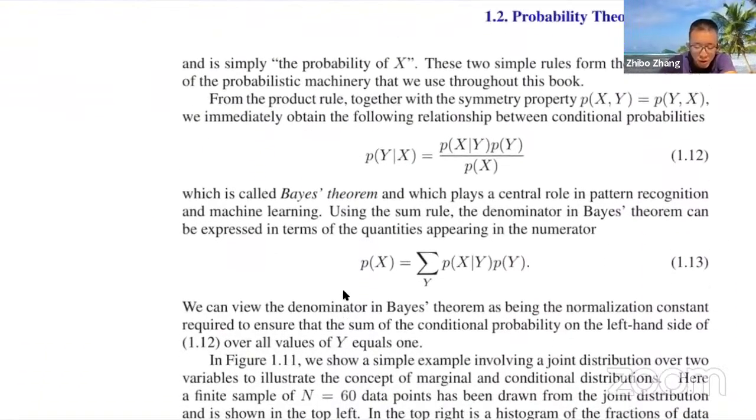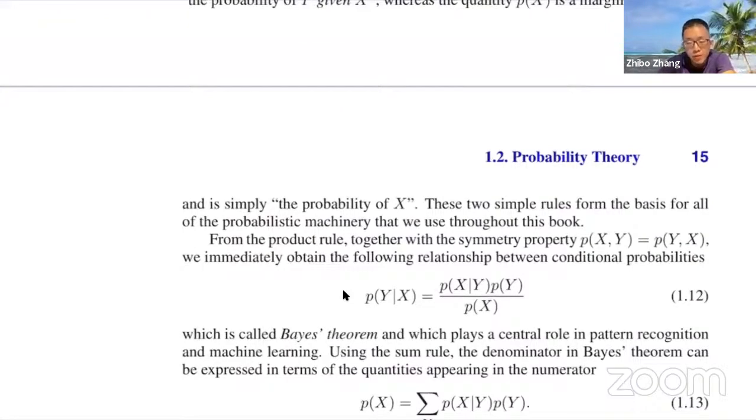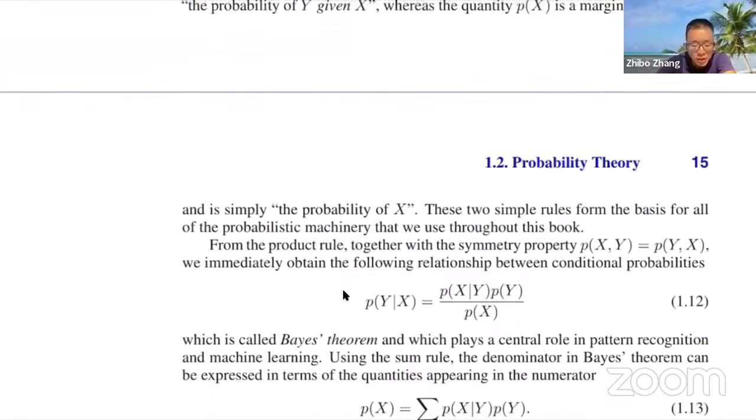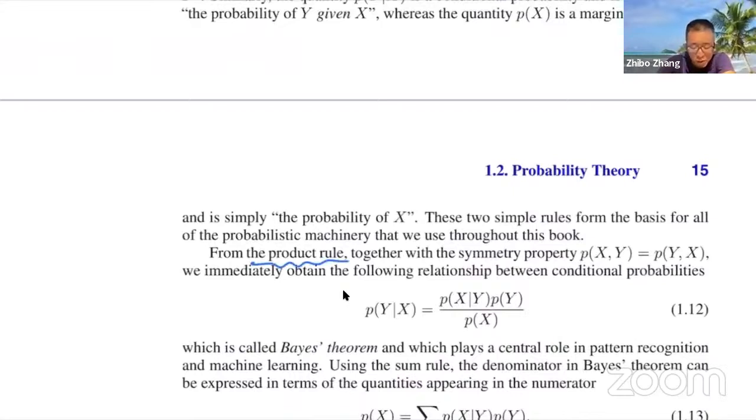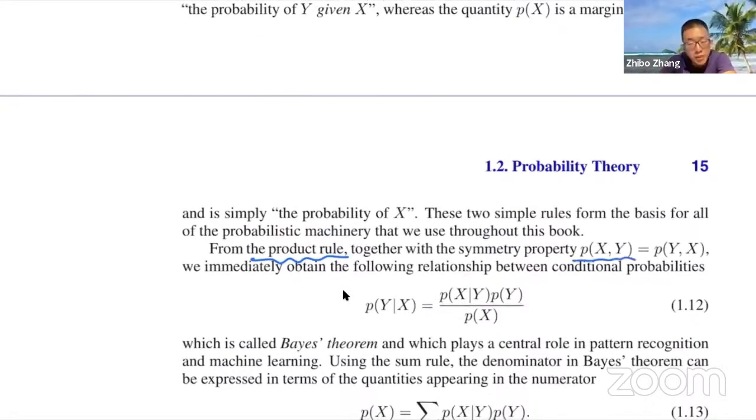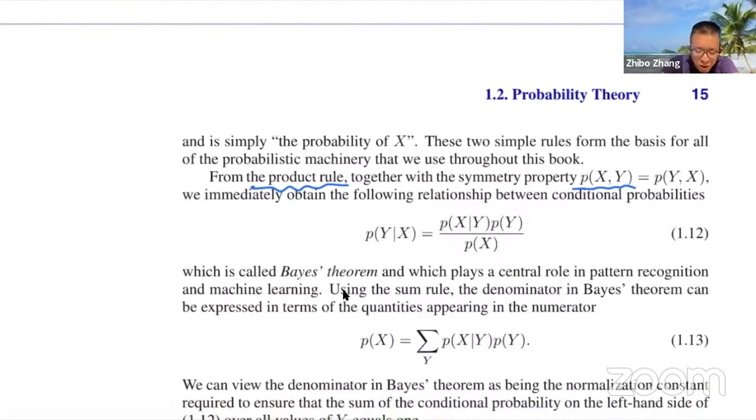We are going to skip this part, which is pretty basic, fundamental, and straightforward to understand. From the product rule, together with the symmetry property, P(x, y) equals P(y, x), so if you interchange the order of the two terms it doesn't matter, we immediately obtain the following relationship between conditional probabilities, which is called Bayes' theorem, and which plays a central role in pattern recognition and machine learning.